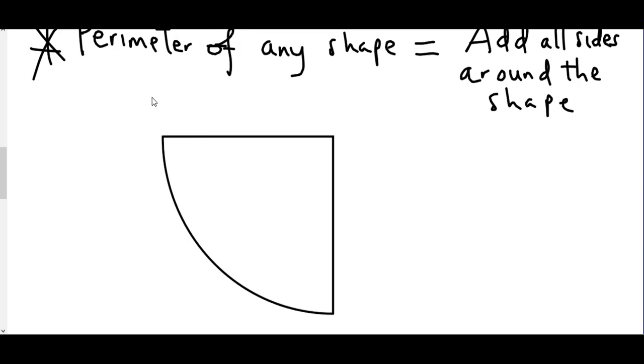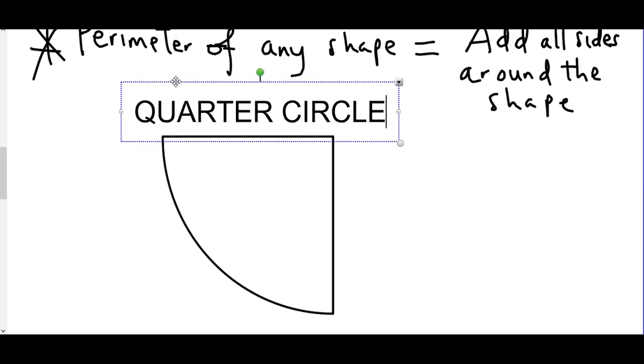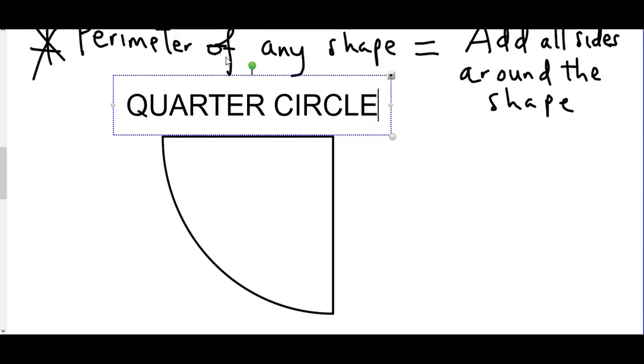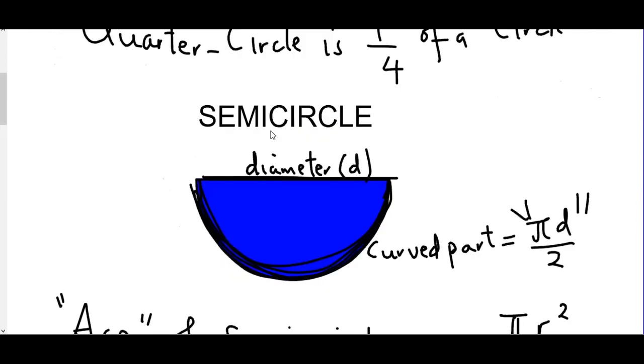And how many parts are there on a quarter circle? This is a quarter circle. Let us check. There are 3 parts. A quarter circle is different from a semicircle.